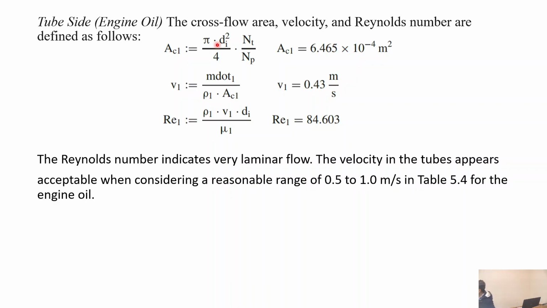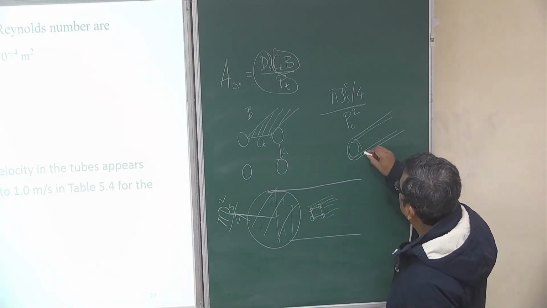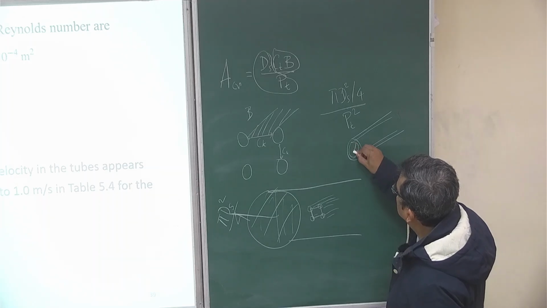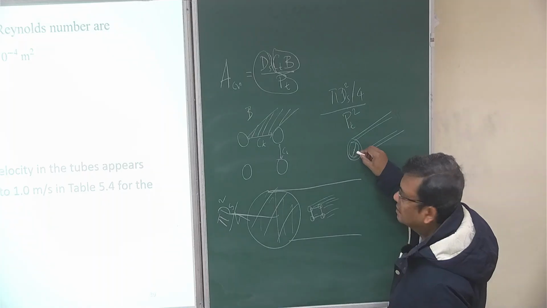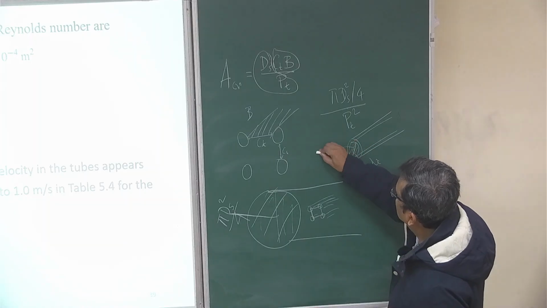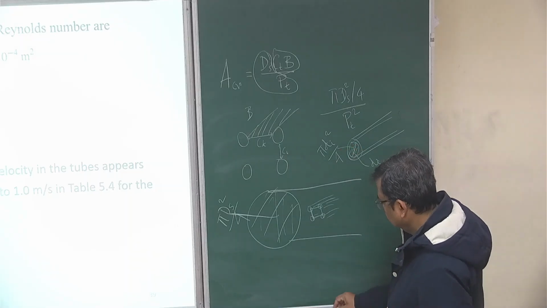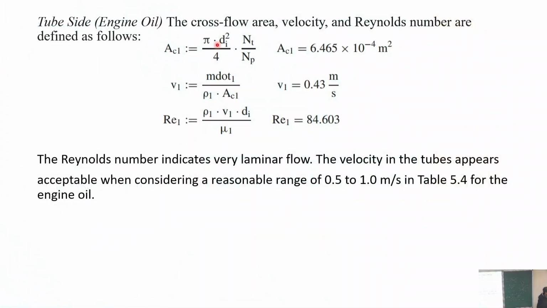Each tube has an internal diameter as well as an outer diameter. So this is di, and the area is pi di squared by 4.